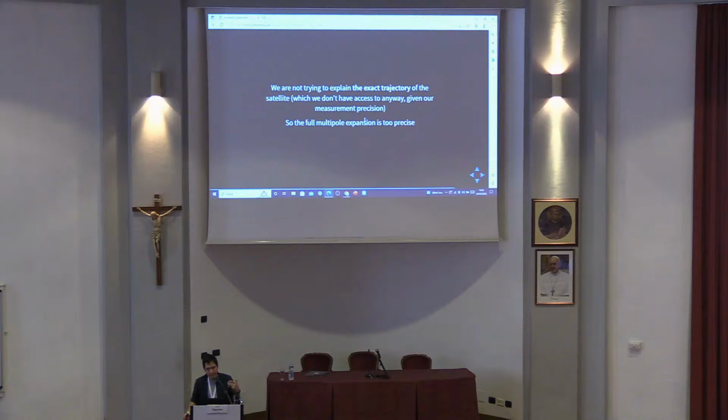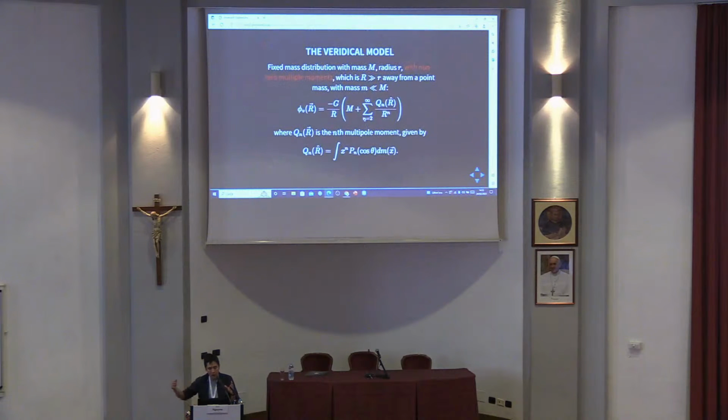So, following that Strevens discussion, if you were to take the full expansion, you would be in the analogous situation to specifying the exact trajectory and mass of the cannonball. You're doing something that's too precise for what it is that you're trying to explain.